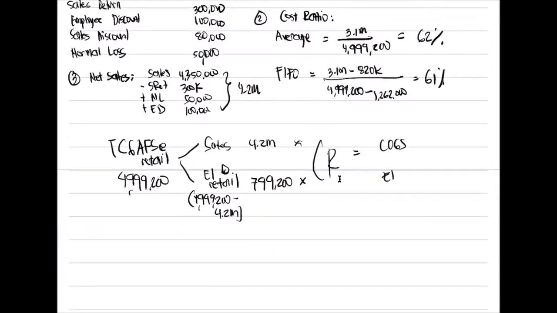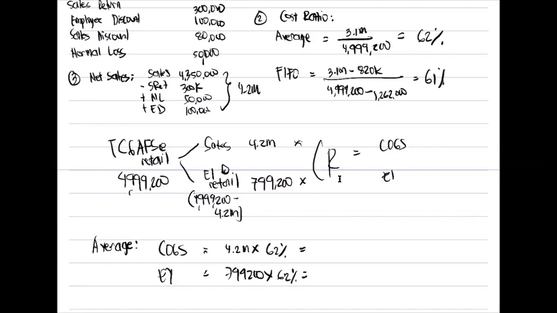Then we can compute now for your cost of goods sold and ending inventory. So let's use first your average. How much is the cost of goods sold and how much is your ending inventory? So for your cost of goods sold, we compute for your sales, 4.2 million, multiplied by your cost ratio for average, which is 62%. And then for your ending inventory, we have 799,200 multiplied by 62%. So let's compute 4.2 million times 0.62 is 2,604,000.